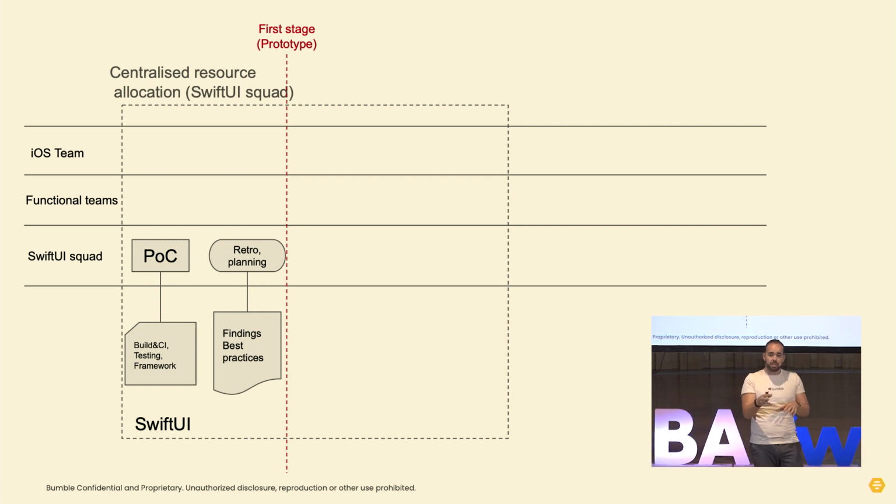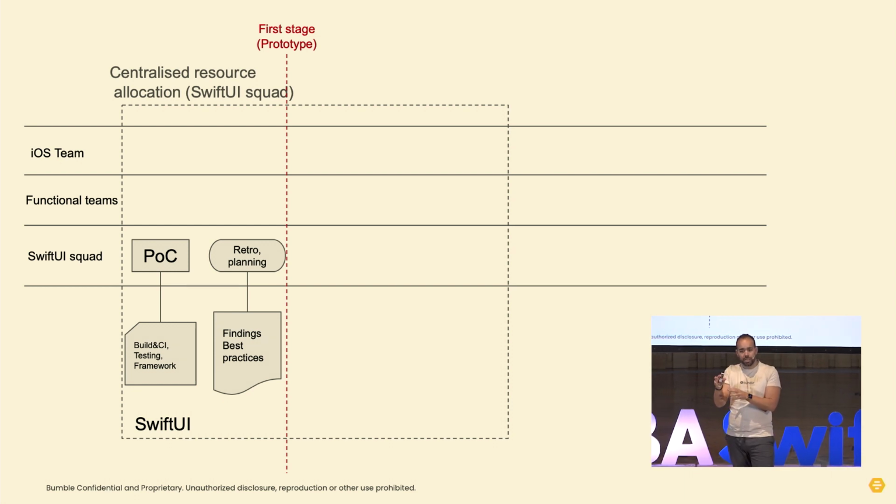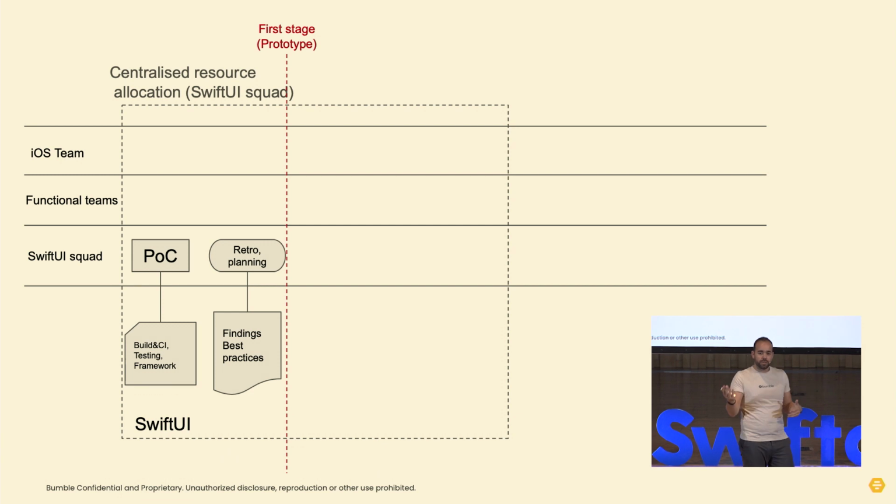So we will research, analyze the problem, and create a small prototype inside of our application that in our case was the settings screen. It's a low traffic area of the application where you don't have many users. You can A/B test it. And we will start understanding how SwiftUI can be introduced and how to overcome all the challenges.